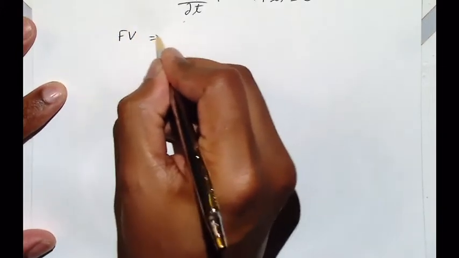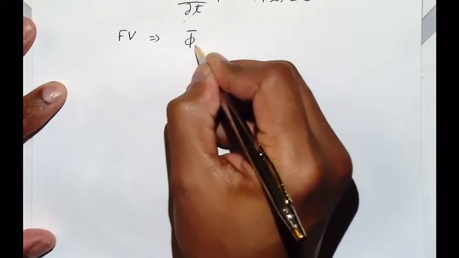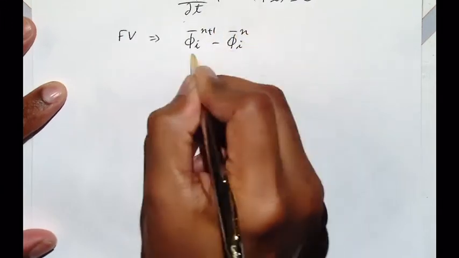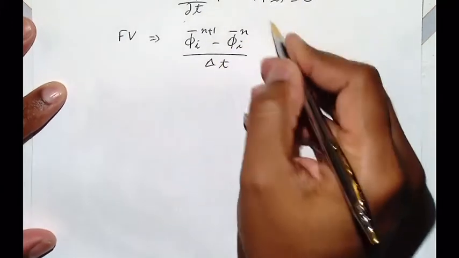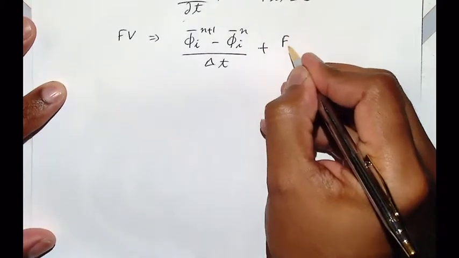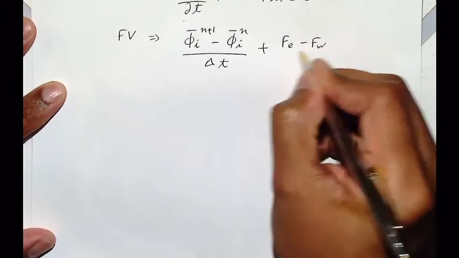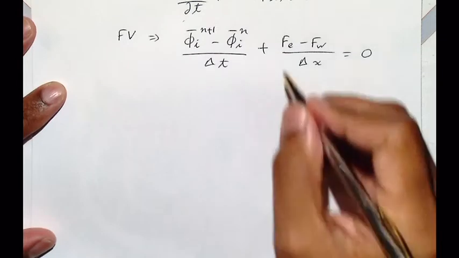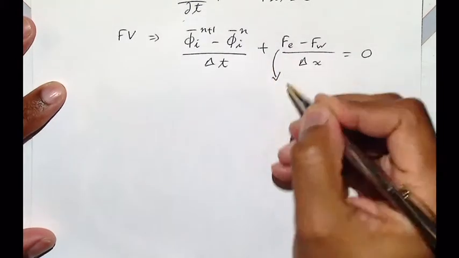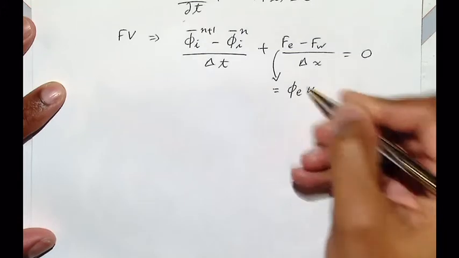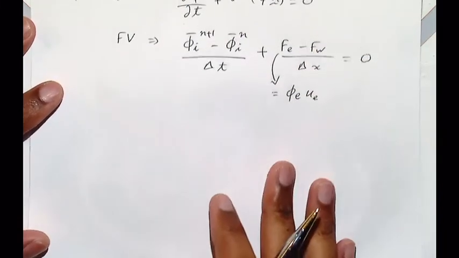Then we said finite volume discretization makes this (φ̄ⁿ⁺¹ − φ̄ⁿ)/Δt, right? And the advection spatial term goes as flux east minus flux west over Δx equal 0. Okay, and we said flux east is equal to φ_e u_e, and similarly for the west.